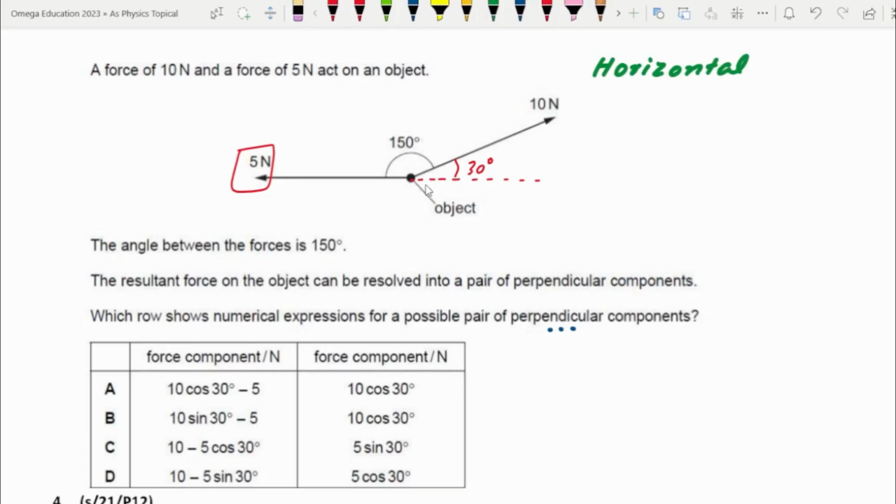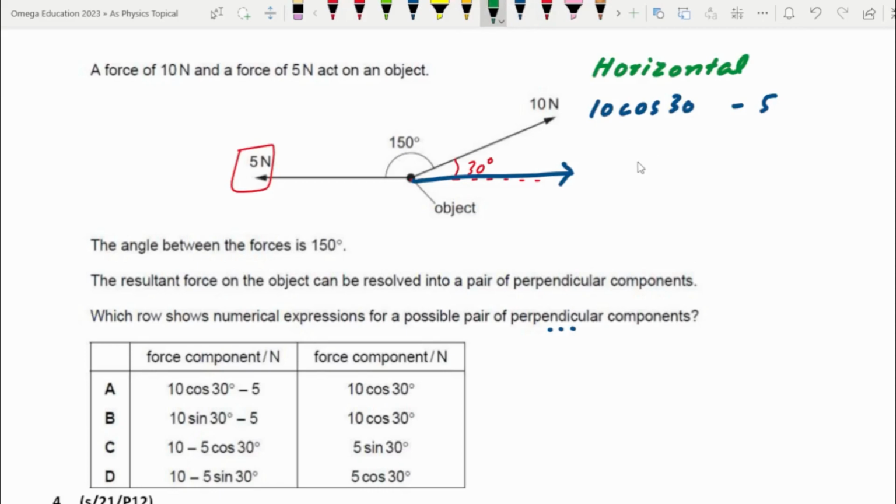One of the forces would be on this side, which is a component of the force of 10 Newton. And how much would that be mathematically? It would be 10 cos 30. So the force on the right side would be 10 cos 30, and the force on the left side was 5 Newton, so you subtract 5 Newton from there. So this is what you get for the horizontal force. So one of the perpendicular components of the resultant force, the expression, would be this.